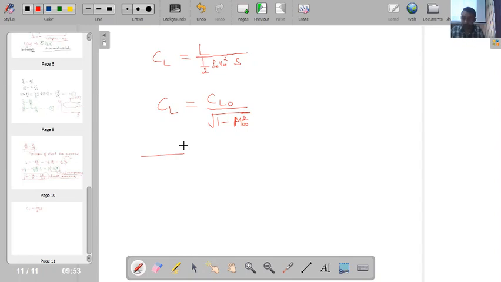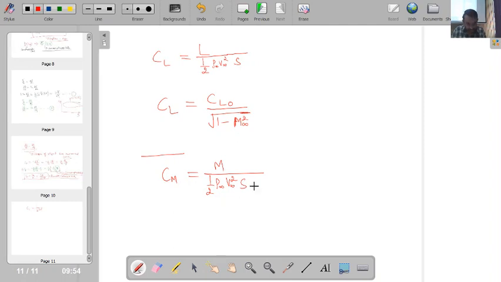Now similar is the case with moment. If we have different unbalanced forces on the aerofoil, then there will be some moment acting on the aerofoil. So the coefficient of moment I can define as moment divided by half rho infinity V infinity square, which is pressure, multiplied with S, which gives force. From force, if I have to get moment, then I have to multiply with distance.